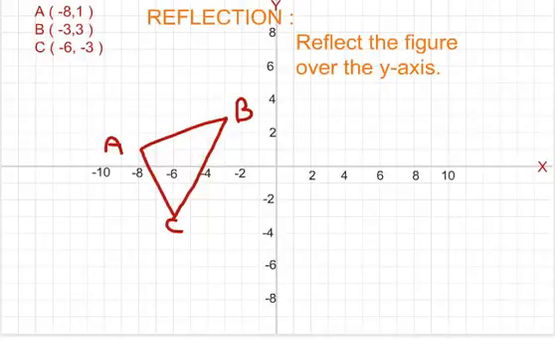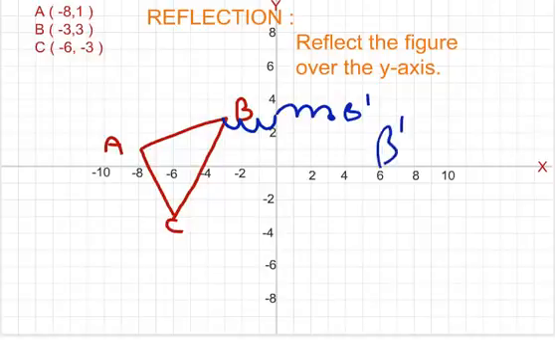So I can count how many squares there are between B and the y-axis line. So 1, 2, 3. And then that means I will have to put my B prime 3 after the y-axis. So 1, 2, 3 squares after, that's B prime.